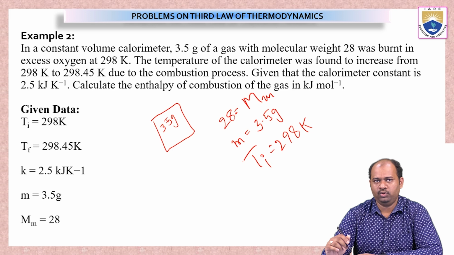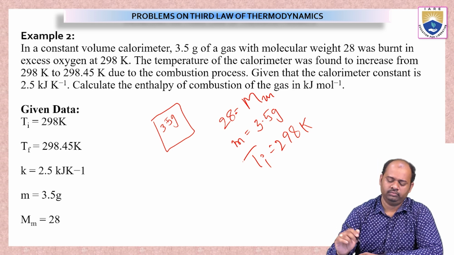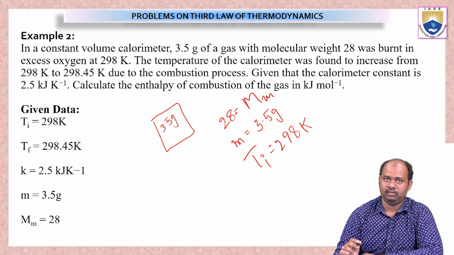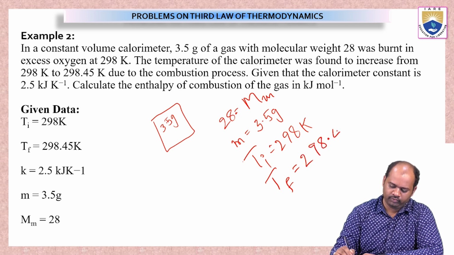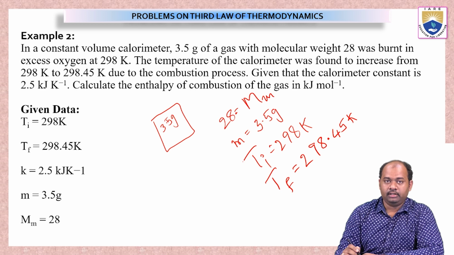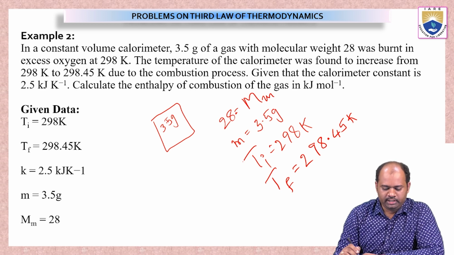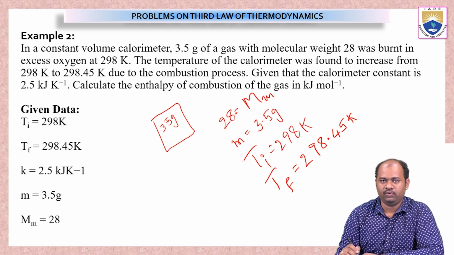Now the remaining part of the question is, the temperature of the calorimeter was found to increase from 298 Kelvin to 298.45 Kelvin. Very small change in temperature. TF is equal to 298.45 Kelvin. So the temperature has risen by 0.45.